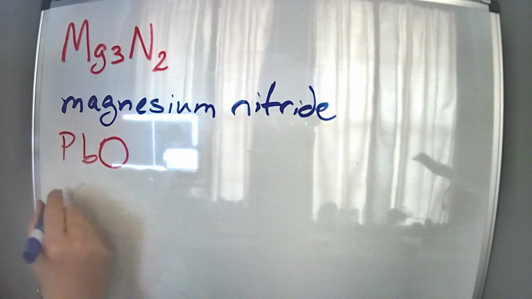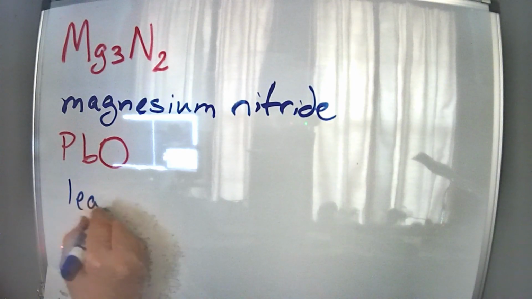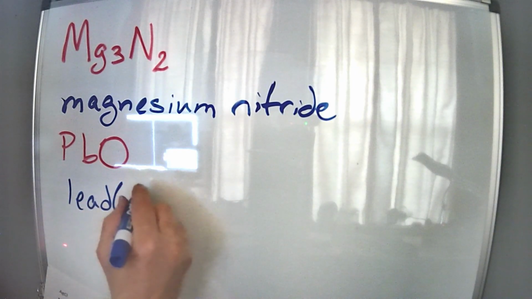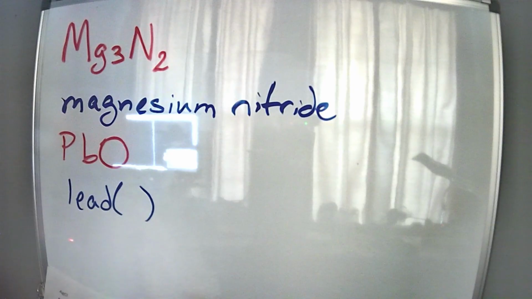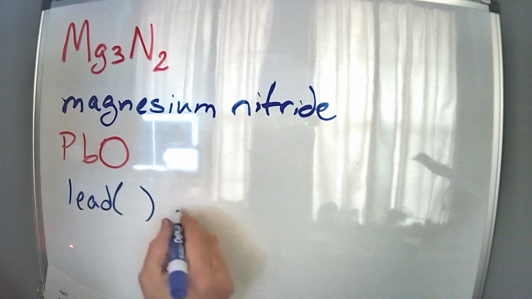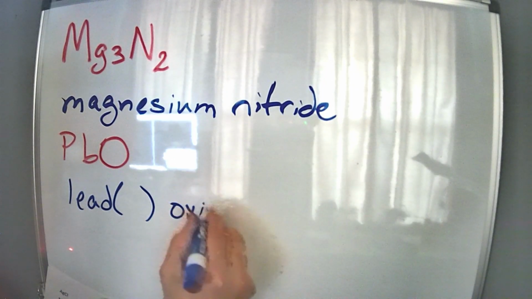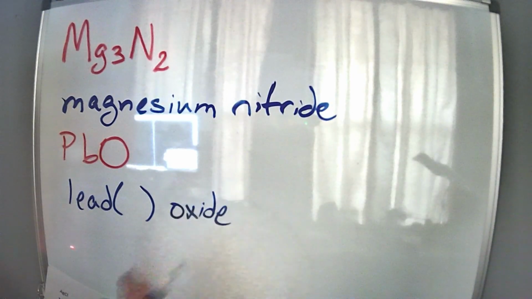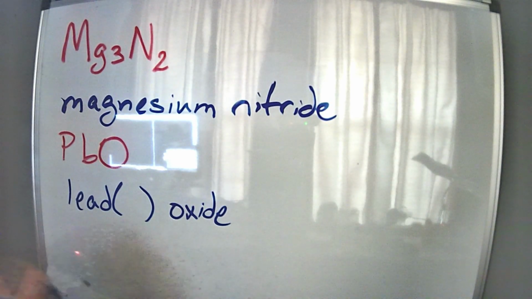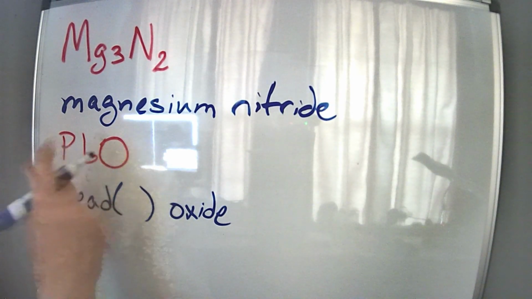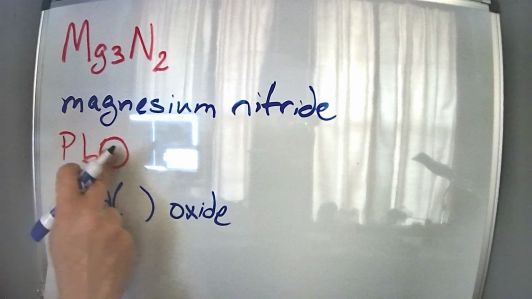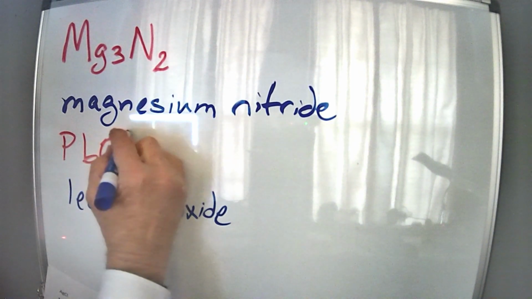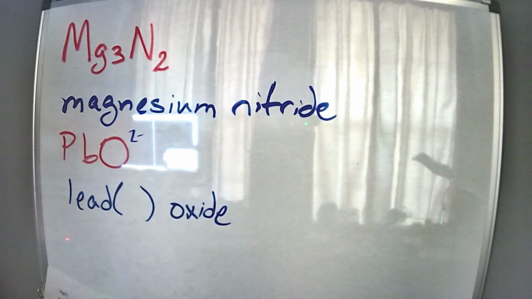So Pb is lead. We're going to hold off on putting in the Roman numeral until we figure it out. The O is the oxide ion. Alright, so the lead is the one we're trying to solve for. The oxide ion has a 2- charge on it. The total charge is 0.